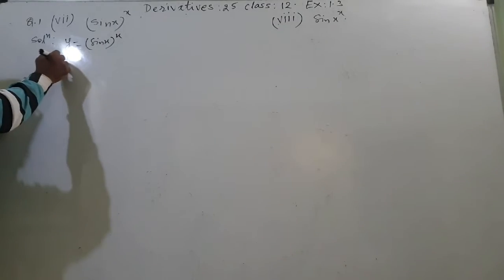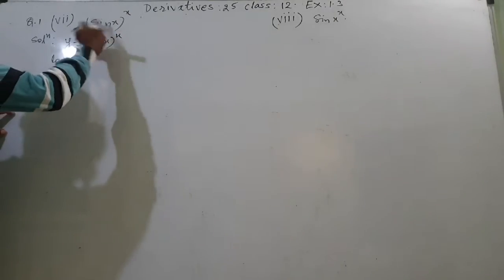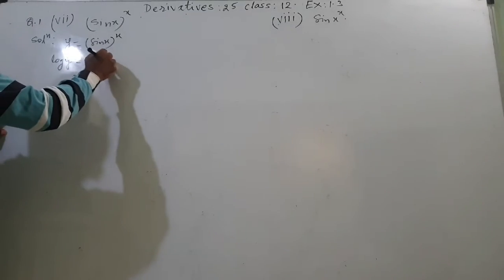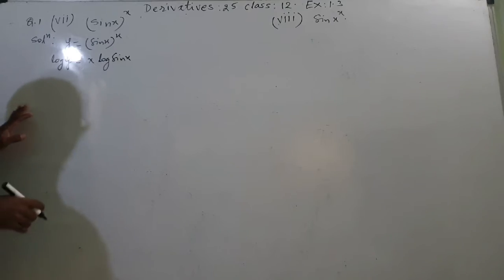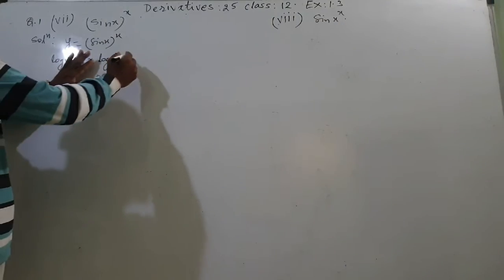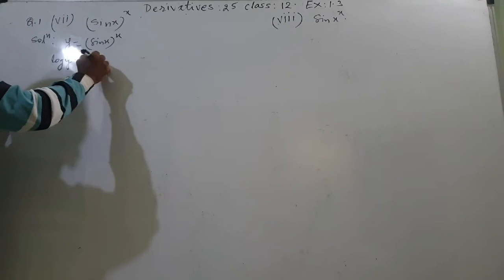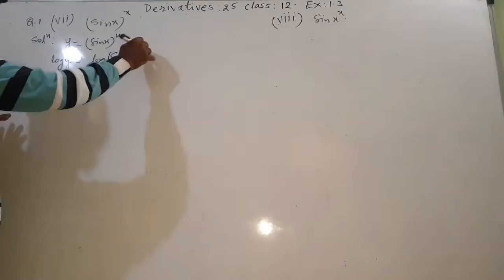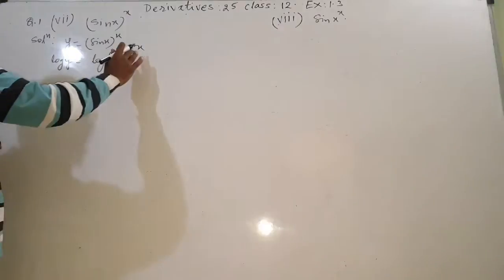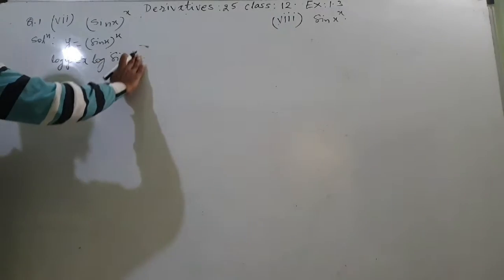Taking the log, log y is equal to x log of sine x. You have understood. It is this way: log of sine x raised to x comes here and it has become x log of sine x.